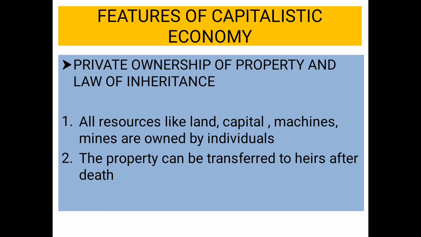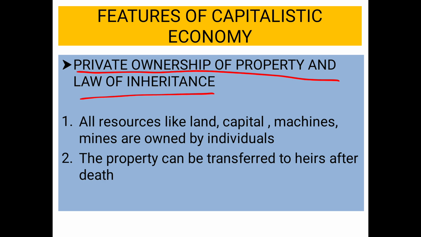Now let us move to the features of capitalist economy. The first one is private ownership of property and law of inheritance. All of us know what is private ownership. And law of inheritance, the resources or the ownership passes down from generation to generation.